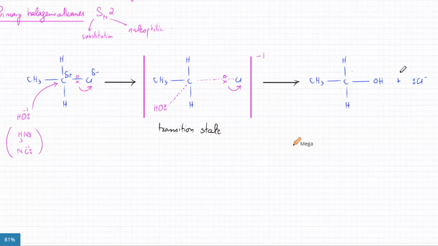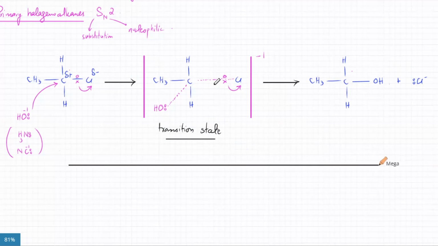And this middle thing is known as a transition state. A transition state is different from an intermediate, which means that you never actually get this thing. This entire thing is a one-step reaction, unlike an intermediate, which is actually formed in the reaction. This is just transitioning, like the OH ion approaching and the Cl leaving, that's it.